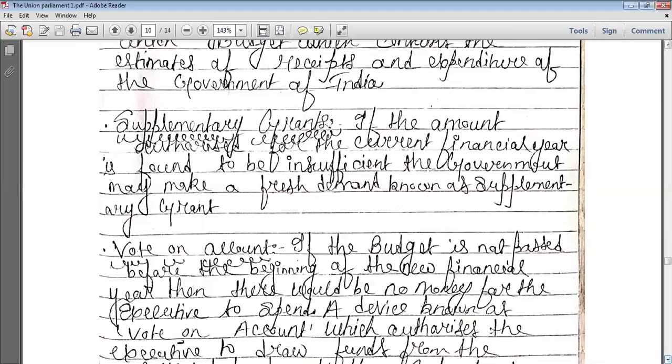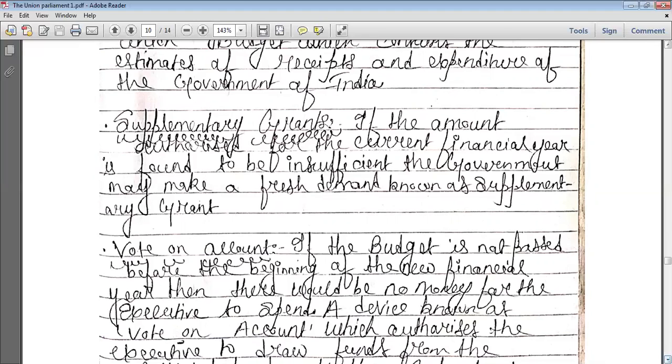That means what it is trying to say is that whatever amount we are having in our hand is not enough to run the current financial year, now we are facing the problem. The government sometimes demands more, that is supplementary grant. Now the government is demanding more loans. So banks are giving loans to the government and the government can give loans to the people.